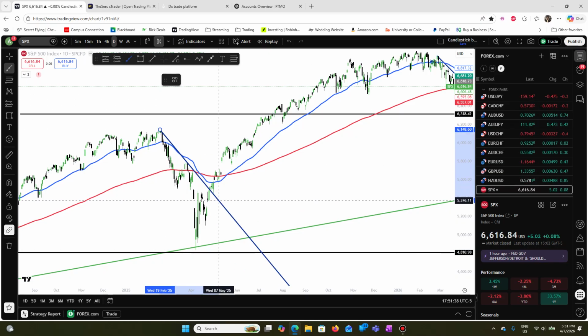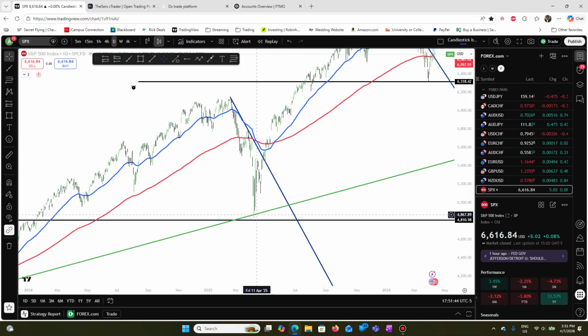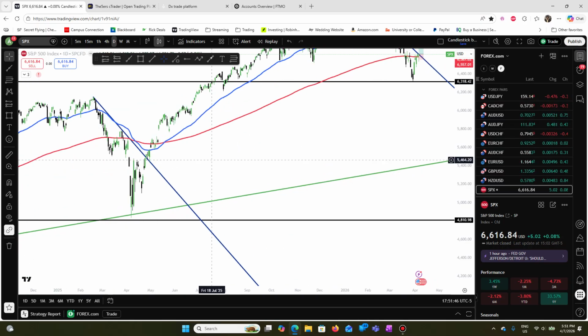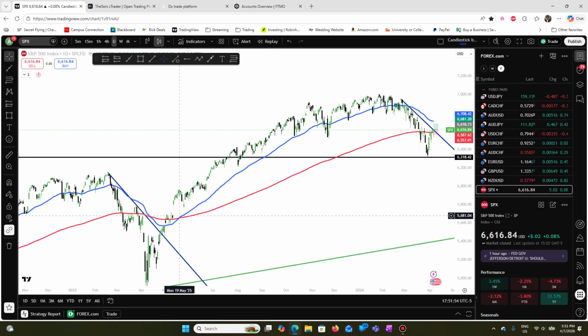When it was falling, so last year it fell, and when this trend finally got broken at the third touch point, the market just went up. How many pips did it go up by?